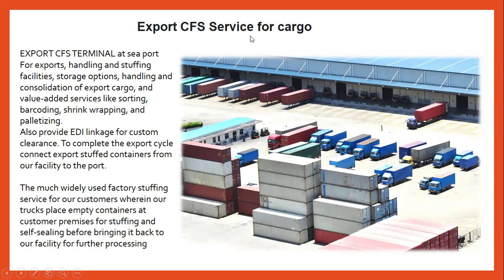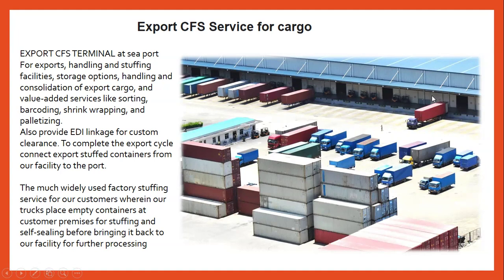In this case, we first dispatch goods from our factory, then this cargo is moved from our factory to the CFS, where a normal truck can deliver this cargo. The truck is unloaded and the cargo is packed in such a way as per international norms of packing, and then the labeling and all the things can be done in the CFS.